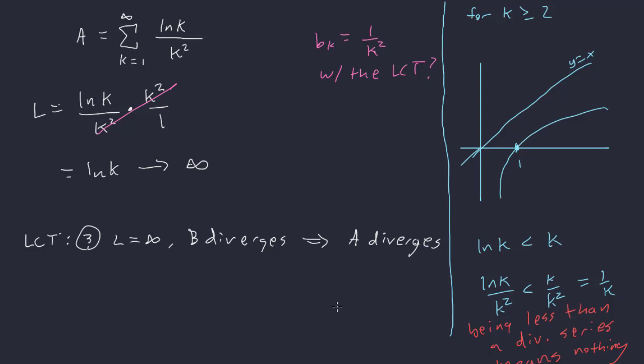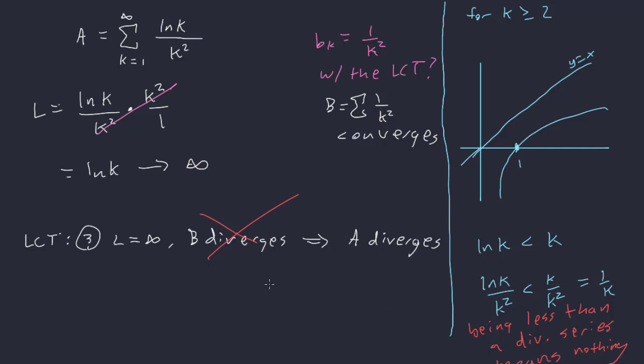So, what's going on here? We can't use that here because we know our B converges. So we can't use the limit comparison test either.